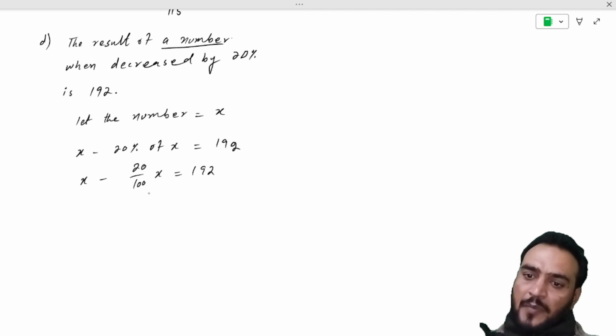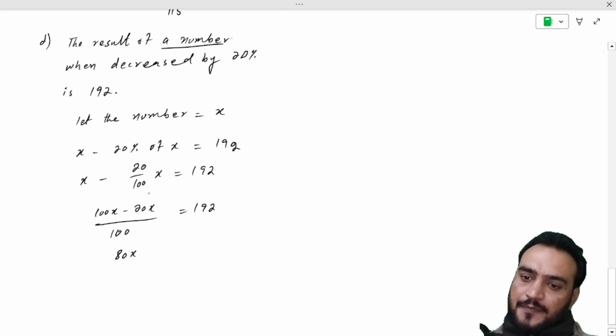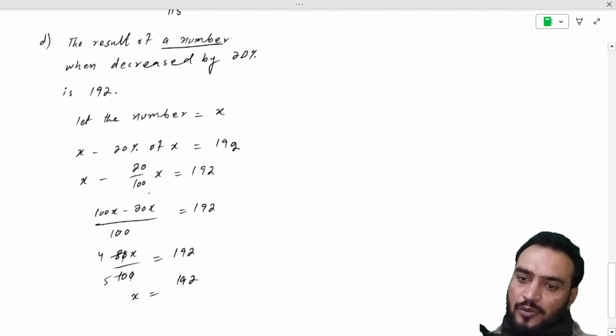So if we take the LCM, we get 100x minus 20x divided by 100 equals 192. And now we get 80x over 100 equals 192. We cancel one of the zeros. So now 2 4s are 8 and 2 5s are 10, and the value of x will be 192 times 5 over 4.